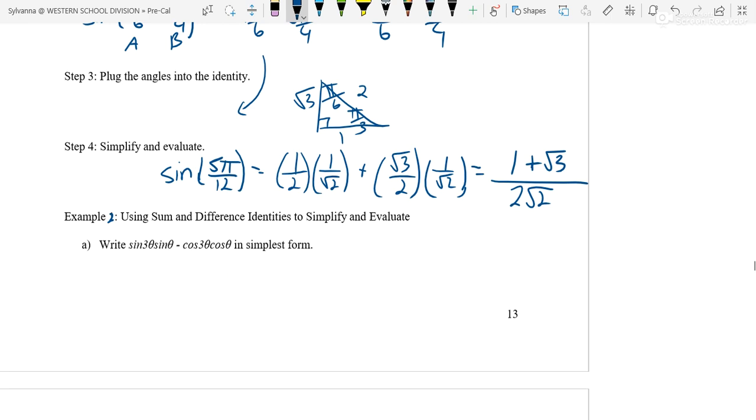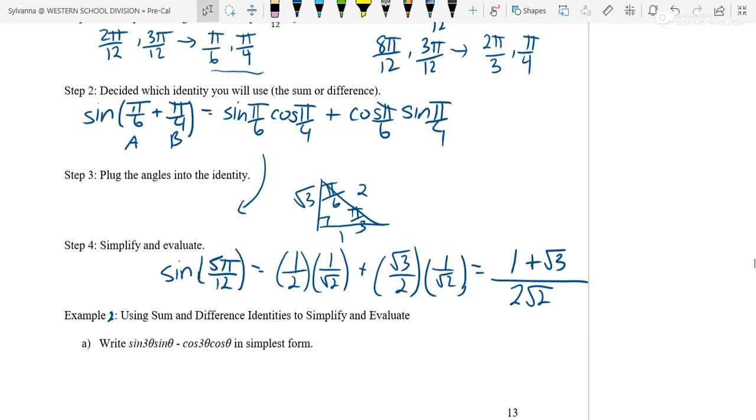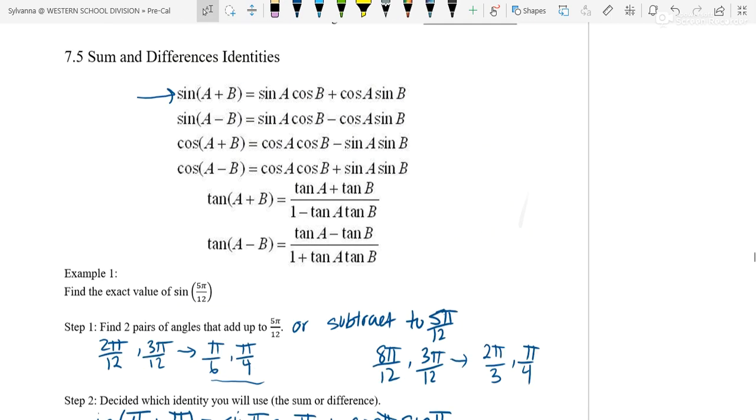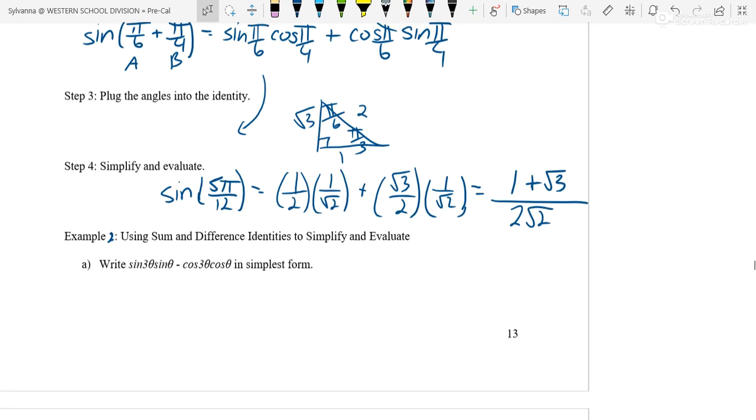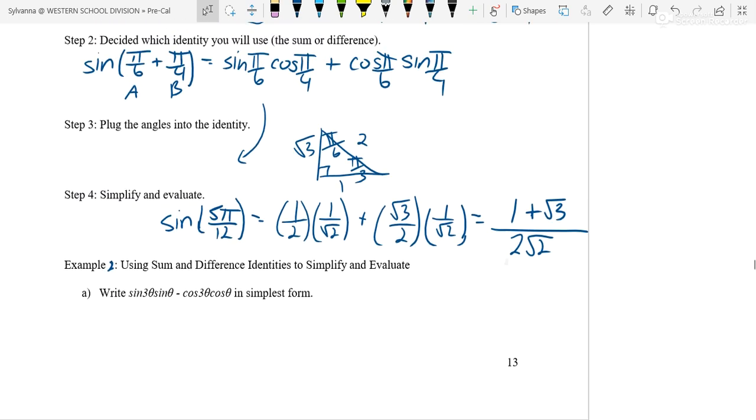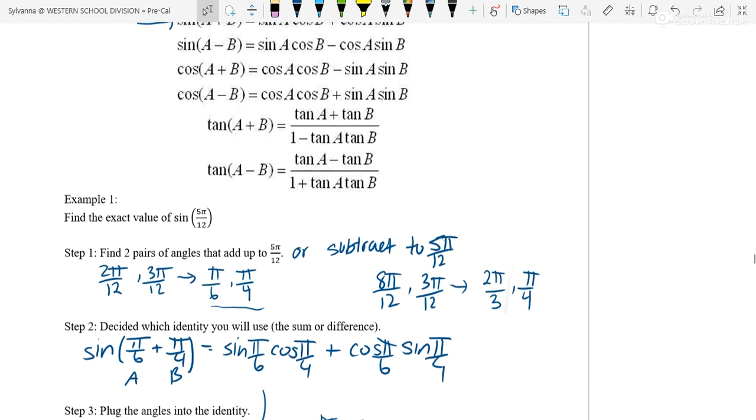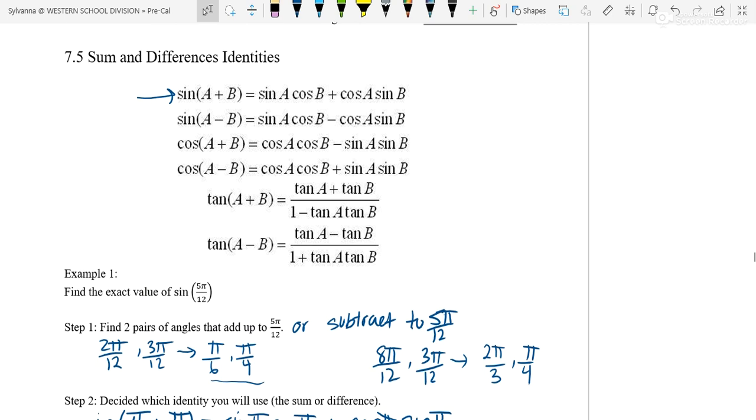Now this one, we have one that's already expanded for us, and we're trying to simplify it, so shrink it back. If we take a look at our identities up here, we want sine sine minus cos cos. But if I look here, I don't really have a sine sine minus cos cos. I have these two.